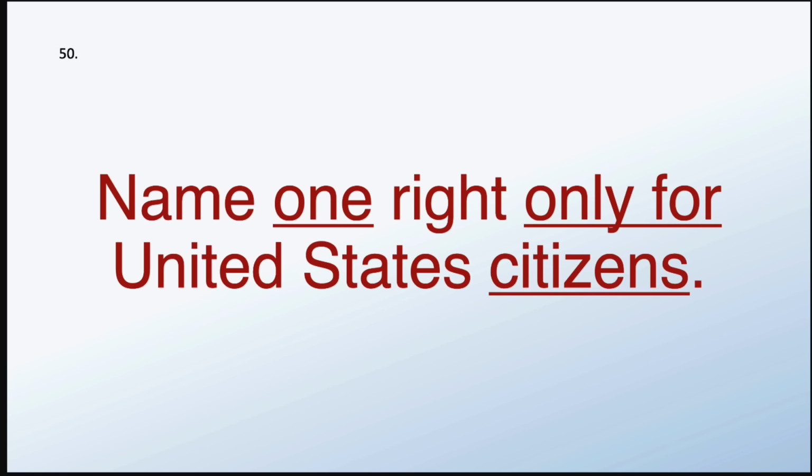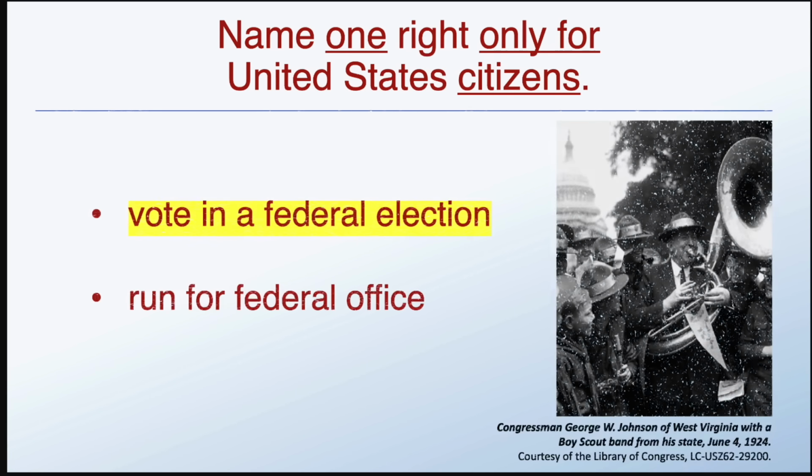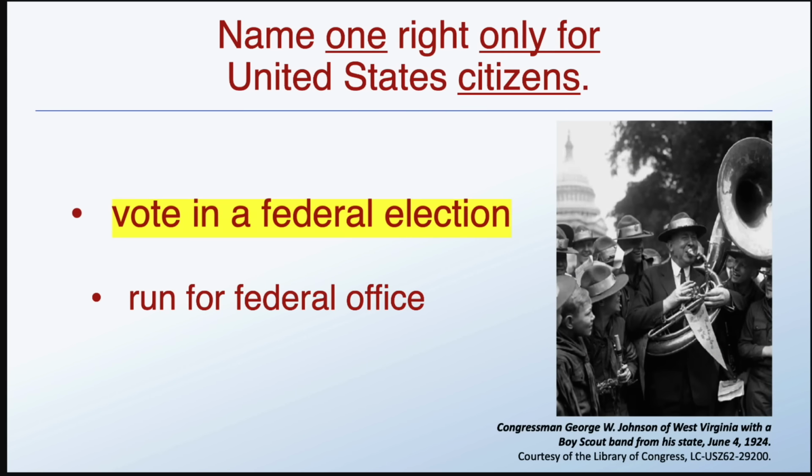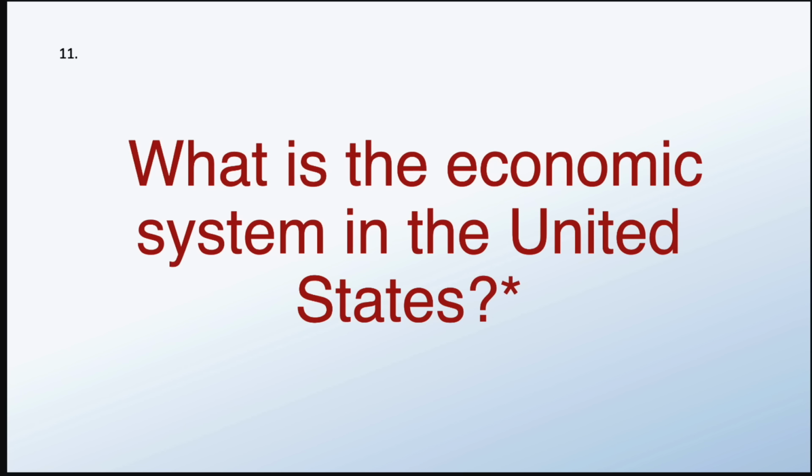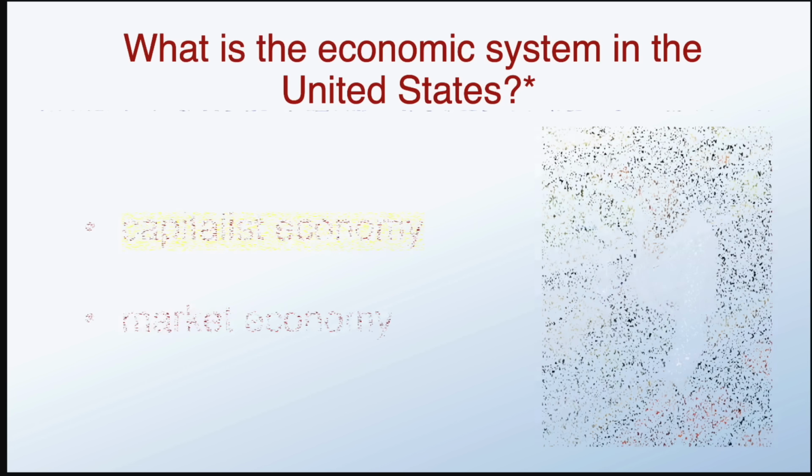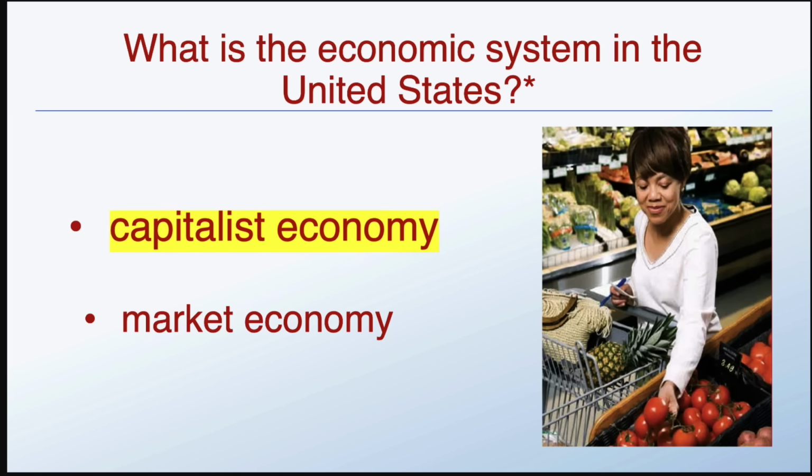Name one right only for United States citizens. To vote in a federal election. What is the economic system in the United States? A capitalist economy.